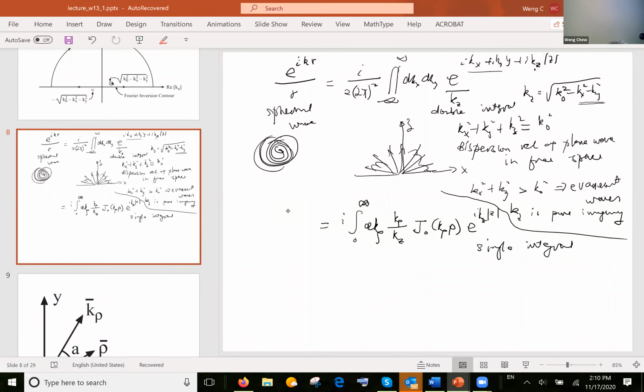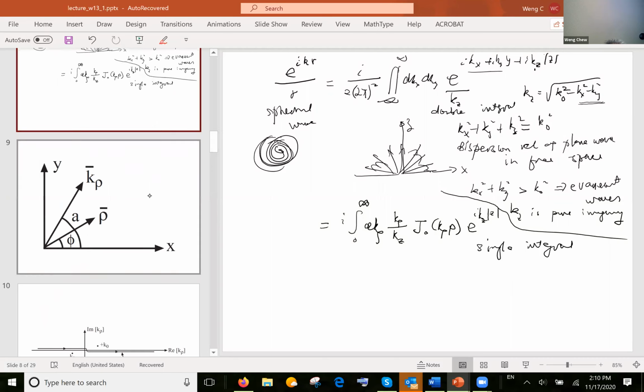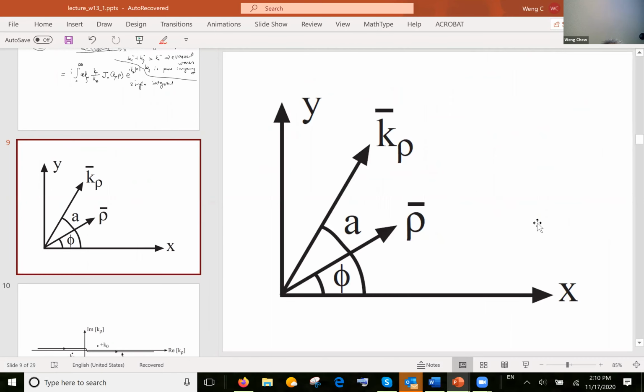is the k vector. If you have kx, ky in a Cartesian coordinate system, this k rho would be x kx plus y ky.